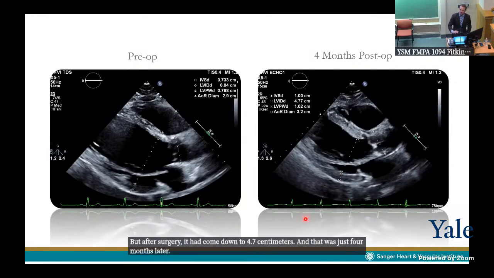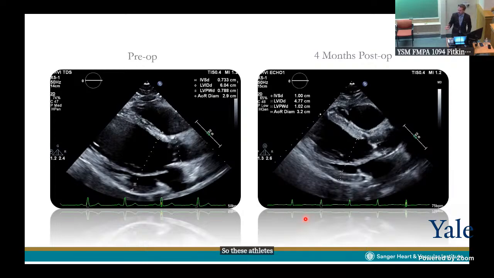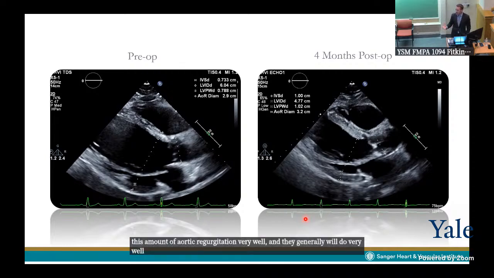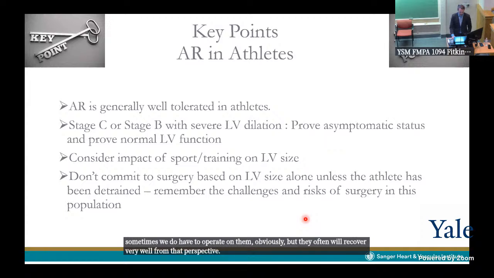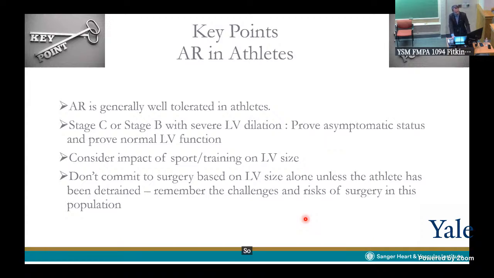So these athletes have very compliant ventricles. They can tolerate this amount of aortic regurgitation very well, and they generally will do very well. Sometimes we do have to operate on them, obviously, but they often will recover very well from that perspective. So I've kind of already said these key points: well tolerated.